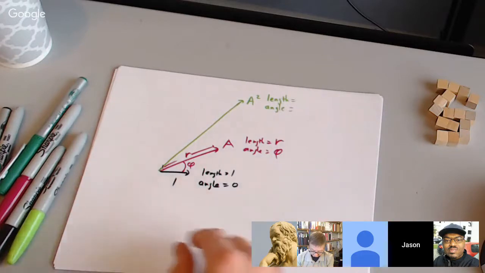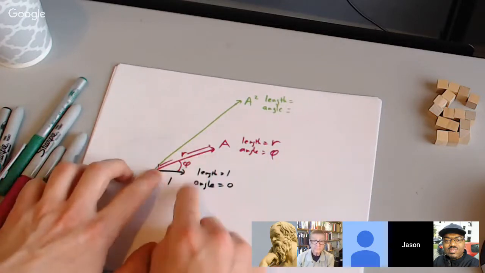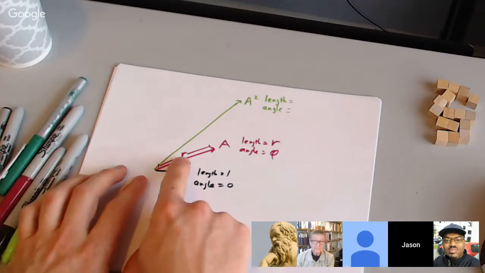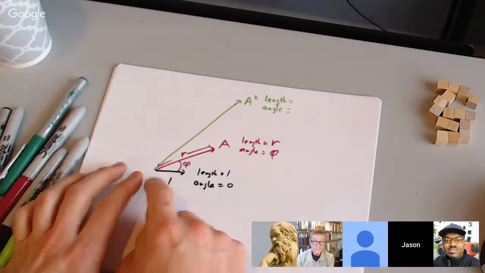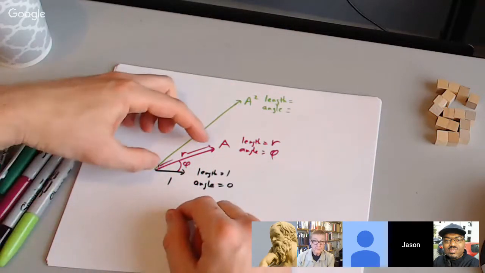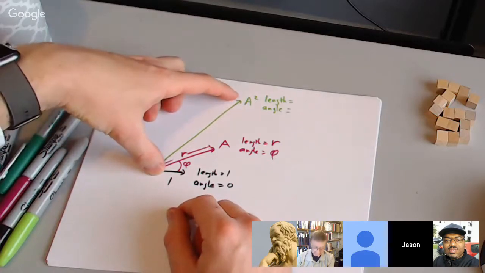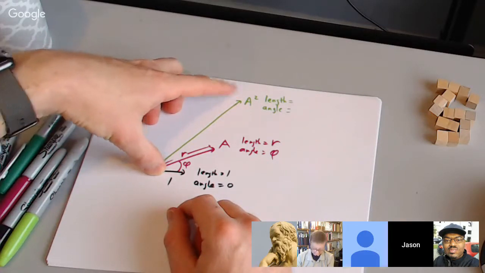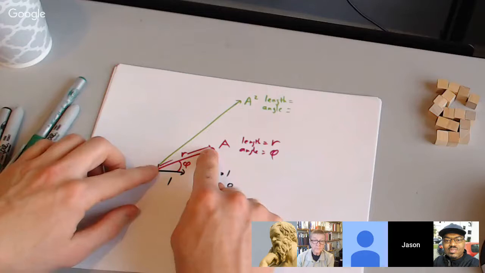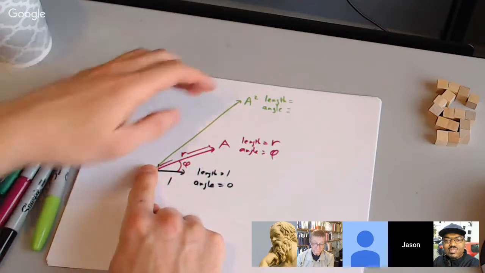So looking at the length from 1 to a, perhaps it's doubling. Maybe r is 2. If that's applied again to itself, you would have doubled again. You would have gotten 4 for the length of a squared. Or if a was 3 times as long, a squared would be 9 times as long.